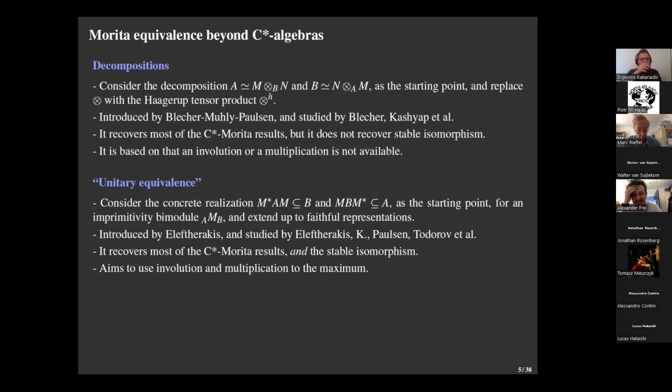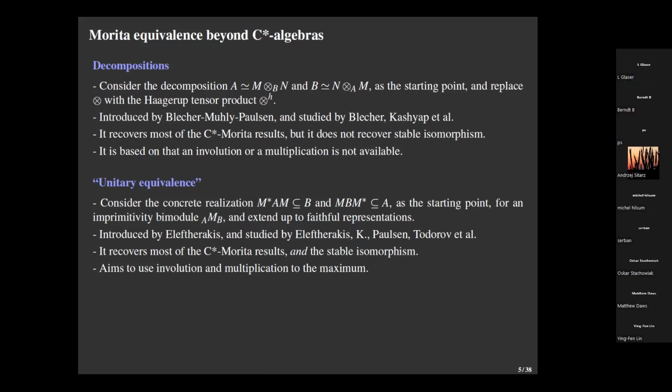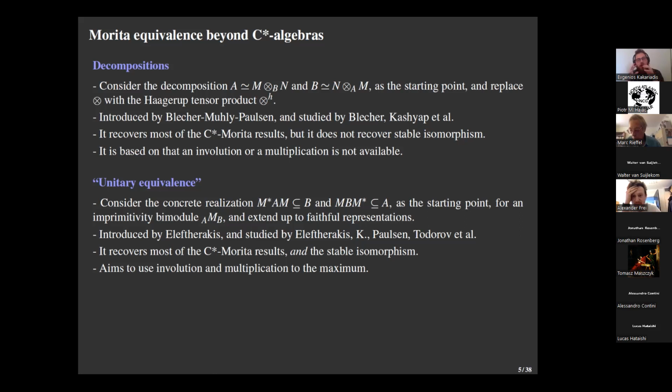Good. So I wanted to ask you, what do you mean exactly by concrete realization? Like M star AM inside B, and do you assume M to be an imprimitivity bimodule or just a C-star correspondence? I'm assuming that it's an imprimitivity bimodule. Okay, and you may see it inside the linking algebra.